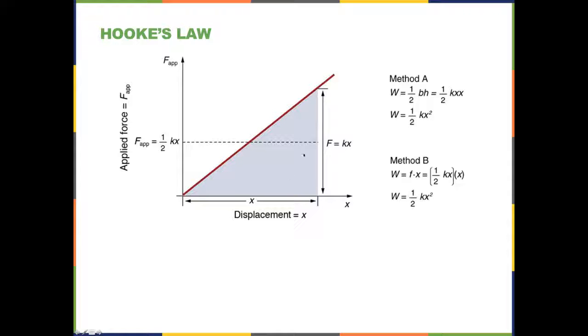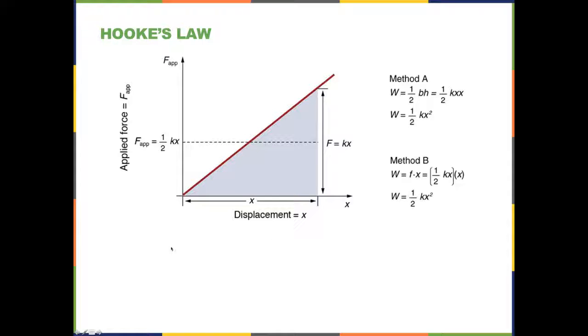Well, the area under this curve represents the energy or work. And if you do the calculation here, this is the area of a triangle. So you end up doing the math here, and you get 1/2 kx squared, which is the formula you need to remember.